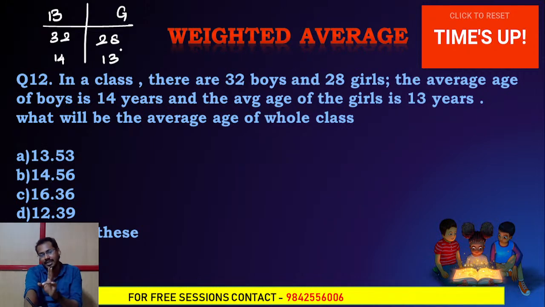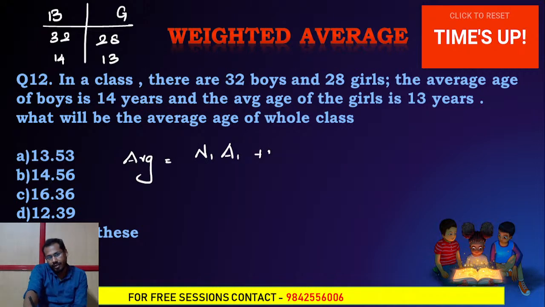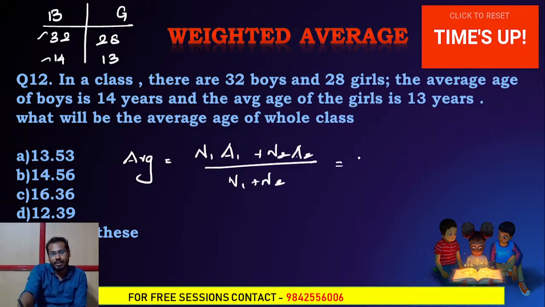So we can process this in two ways. The first way is the formula. The weighted average formula is (N1 A1 plus N2 A2) divided by (N1 plus N2), where N1 is the number and A1 is the age. So here you can use 32 into 14 plus 28 into 13, divided by the total number of persons, 32 plus 28, 60.